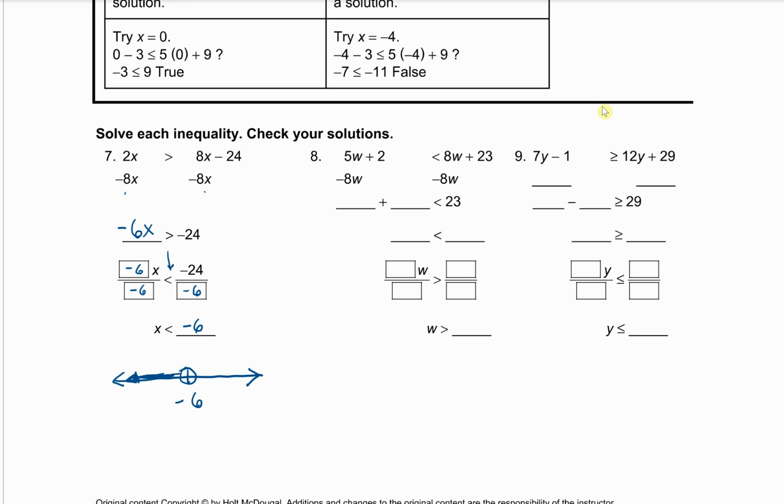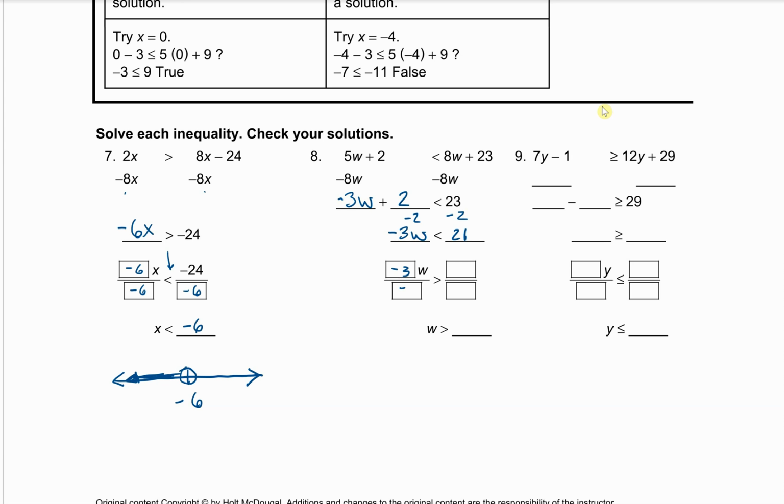Here we have the number 8. 5w plus 2 is less than 8w plus 23. I guess they want to keep your variable on the left-hand side. Whatever. They're subtracting 8w from each side, so we get negative 3w plus 2 is less than 23. I'm going to subtract 2. So we get negative 3w is less than 21.